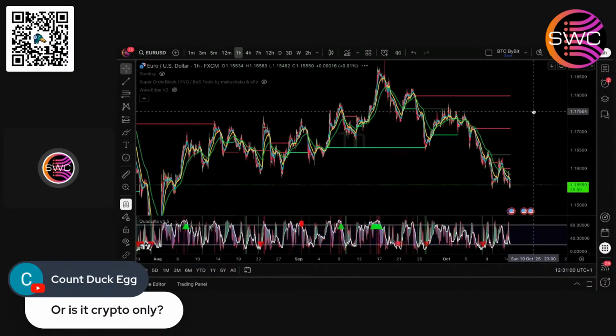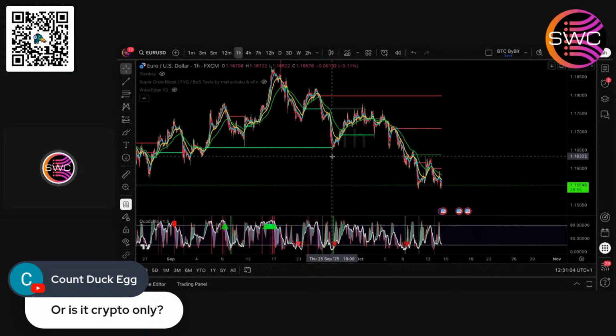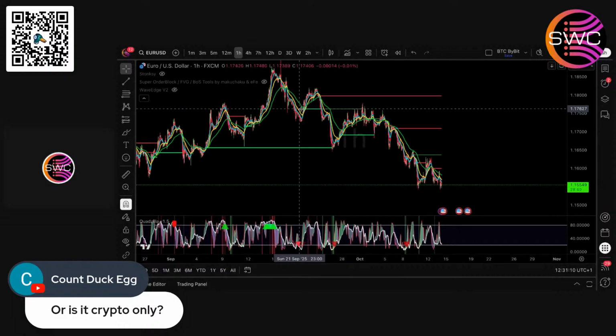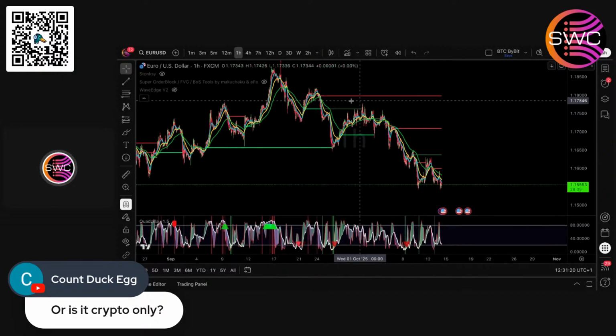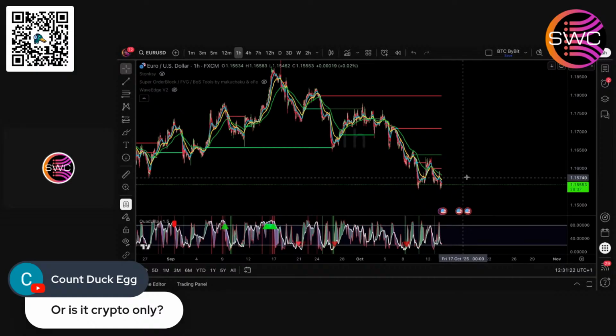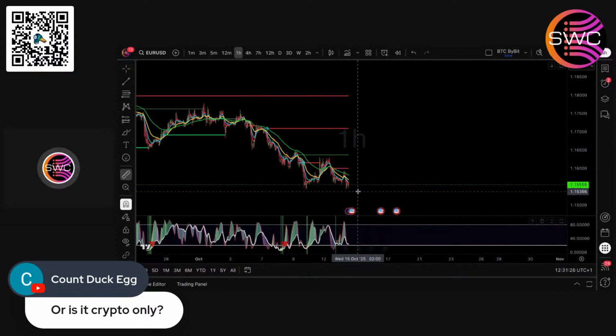Just before I go there, look at this one here. On the 22nd of September, we knew that we got this bullish retracement, came back and retraced beautifully. This one went up, came back, retraced beautifully. And then we've got all these ones open here. So at this point here, it's probably going to come up.